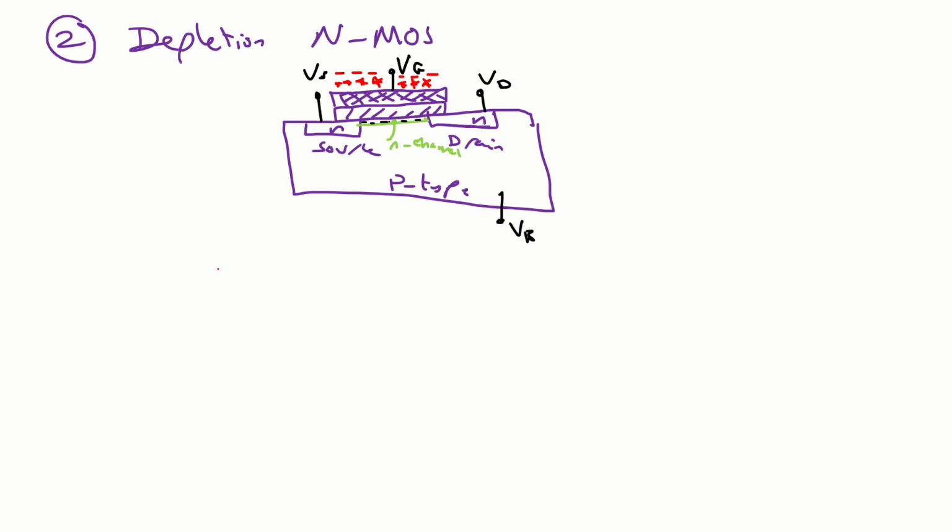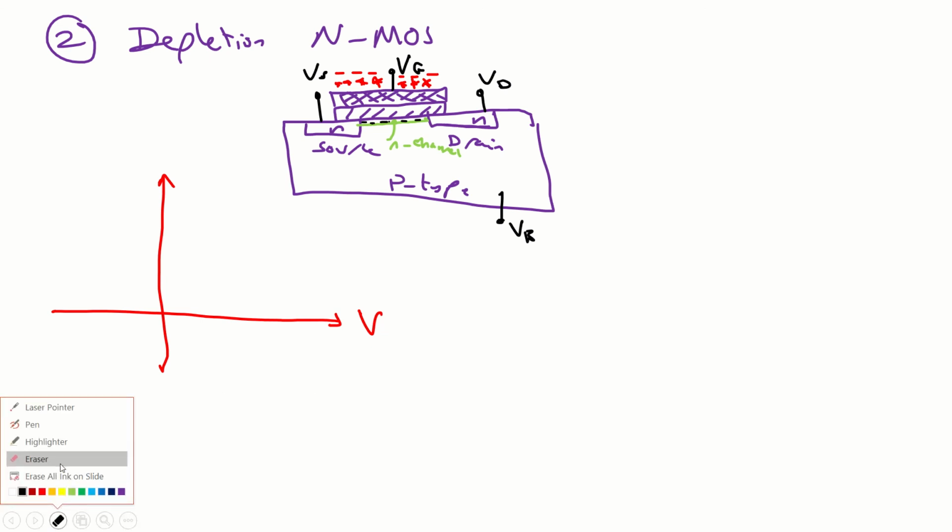Again here, we want to plot the relation between VGS here and ID.